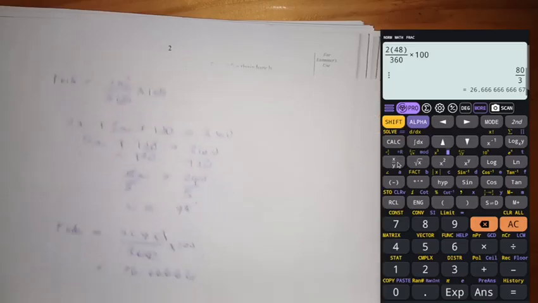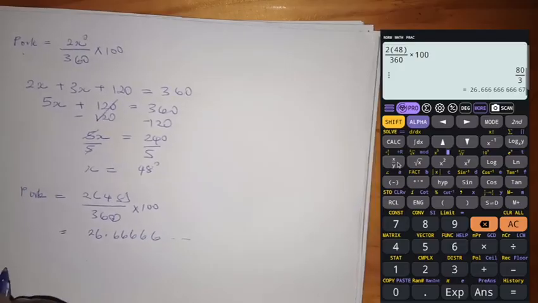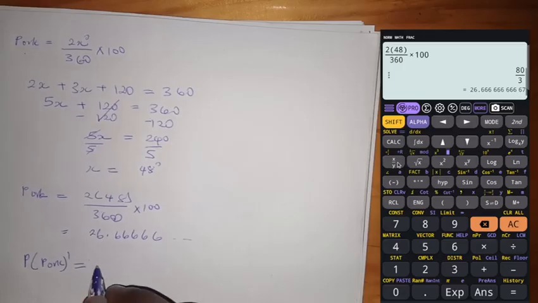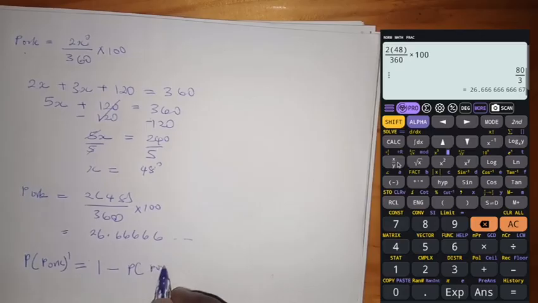You need to recall now, well, that was a tricky part of this question. The probability of not choosing pork is equal to 1 minus the probability of choosing pork. Because we're talking percentage here, we'll use 100.